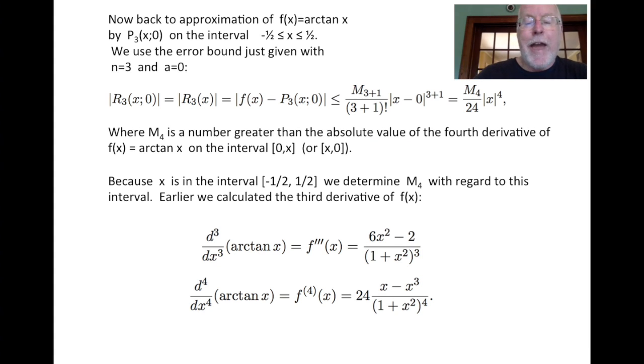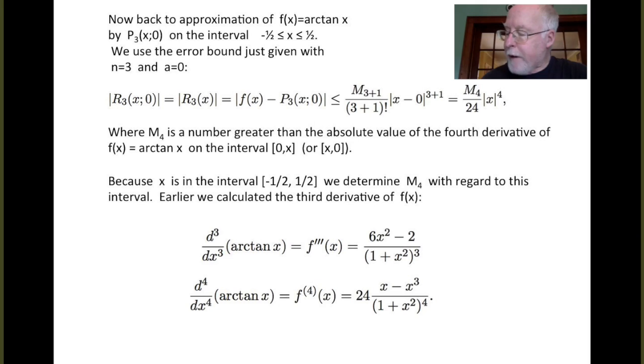Now, to find a candidate for M_4, we're going to have to work with the fourth derivative. Because x is in the interval from minus 1/2 to 1/2, we're going to determine M_4 with regard to this interval. So M_4 is going to be a value bigger than the maximum of this fourth derivative on the interval.